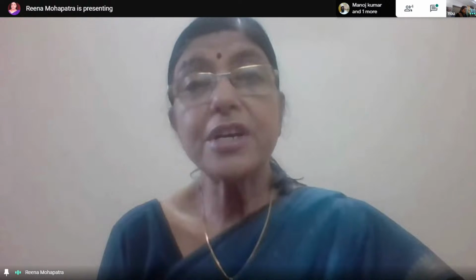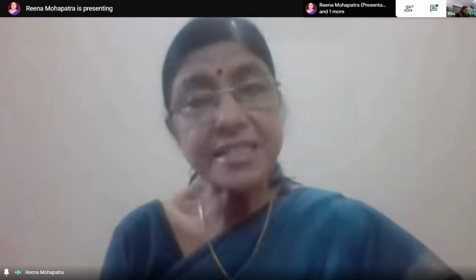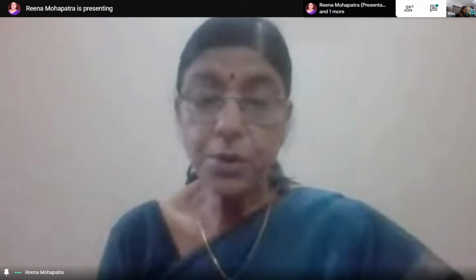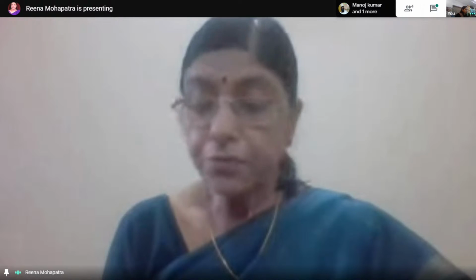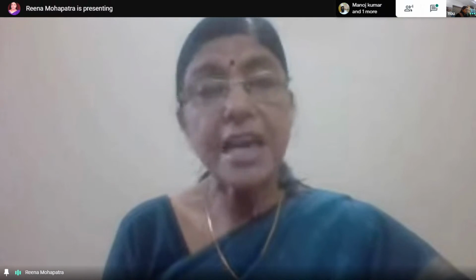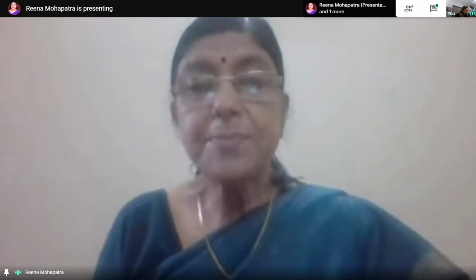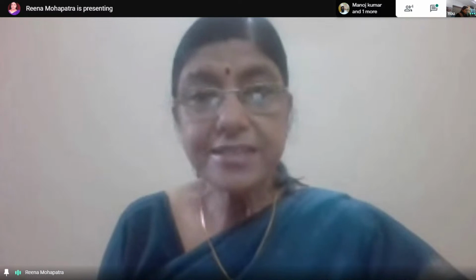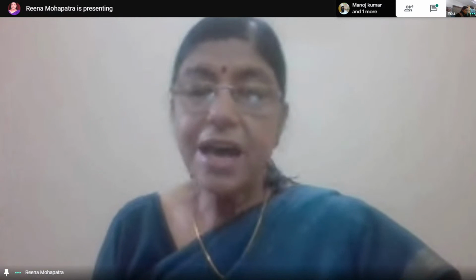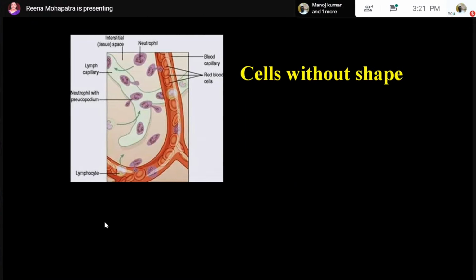Their function is to kill any foreign object entering inside the body. In general, white blood cells are of different types and they have different shapes. Let's look here. White blood cells are normally present inside the blood capillaries. Now, this is one capillary, this is one capillary.